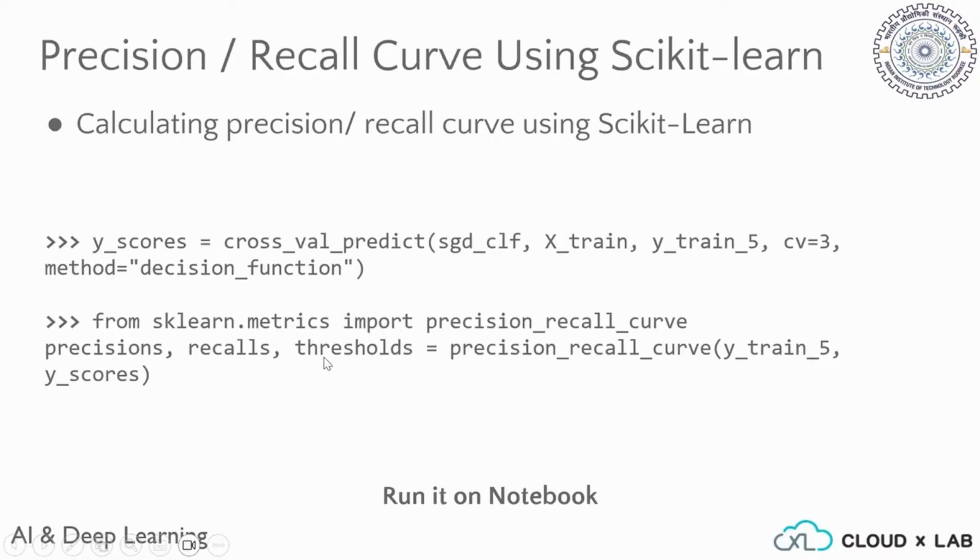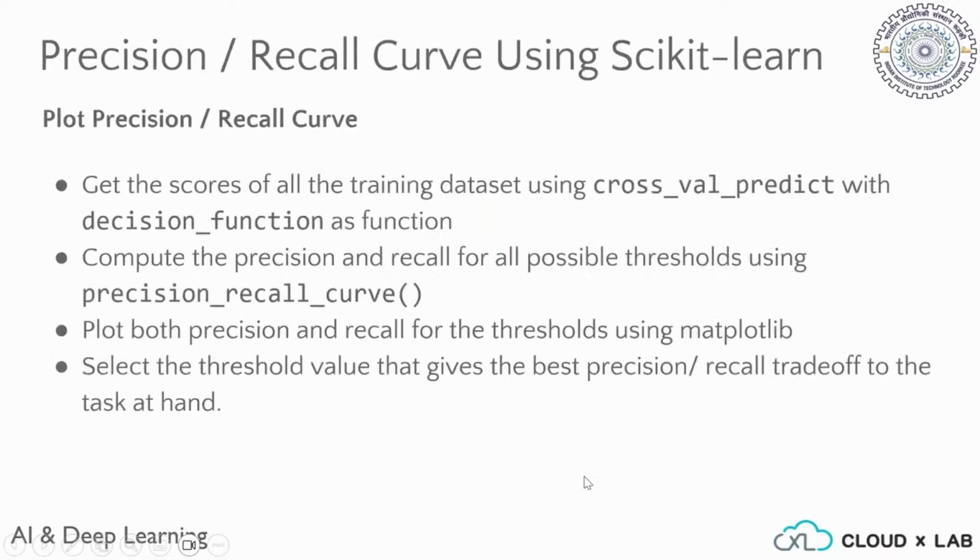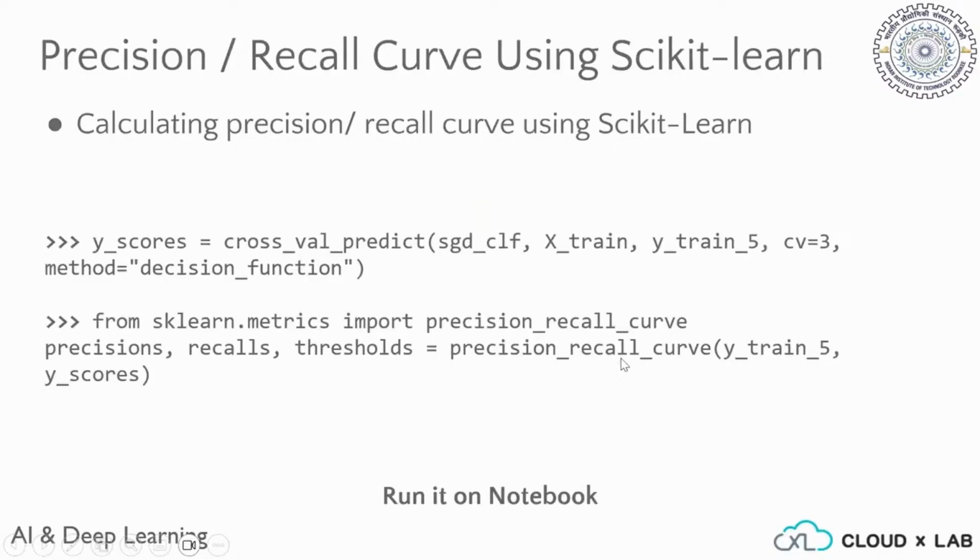For one particular threshold, we will have one precision and one recall. For another threshold, we will get another precision and recall. So for each threshold, we will get two values, precision and recall.